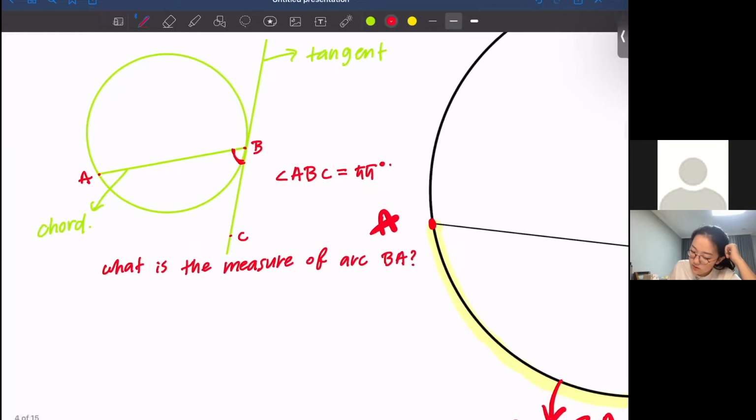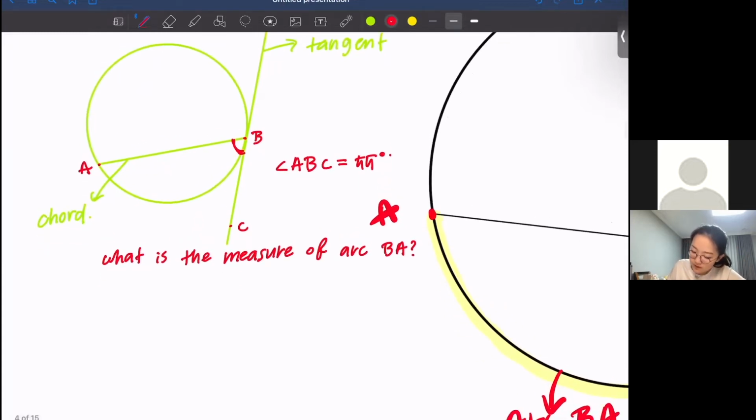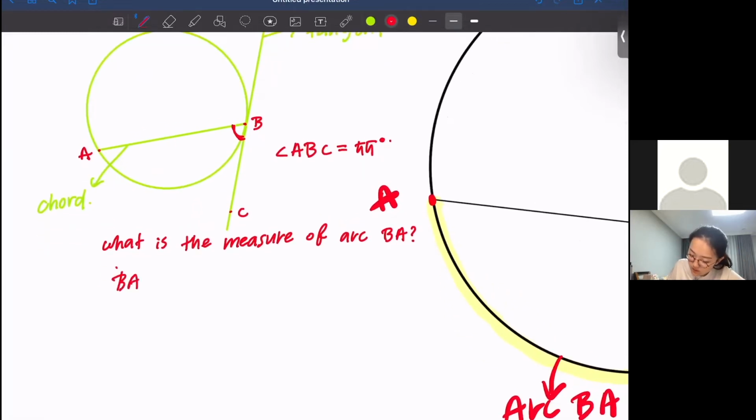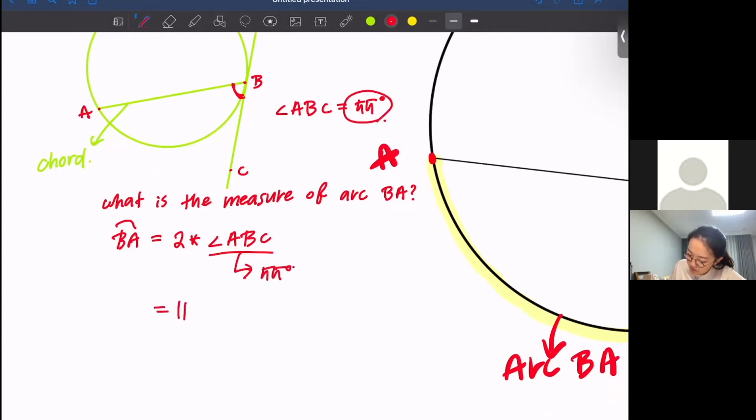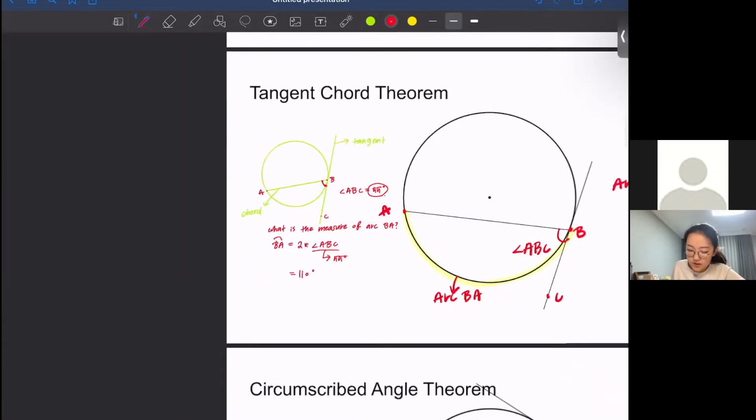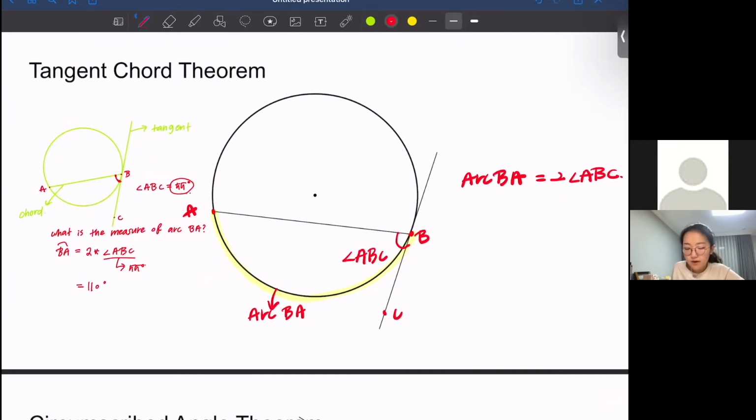Then you will need to use the tangent chord theorem and think that arc BA has twice the measure of angle ABC. Then substitute this with 55 degrees. That will give you 110 degrees, right?